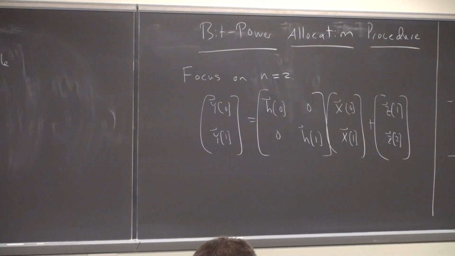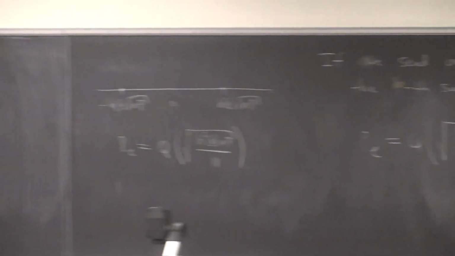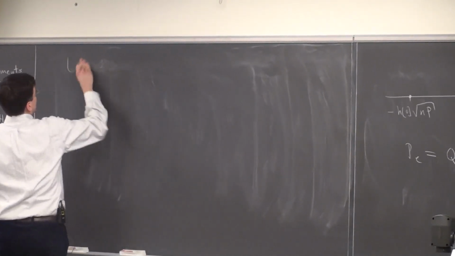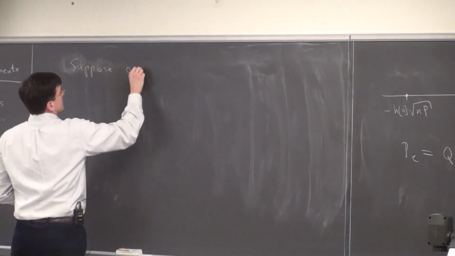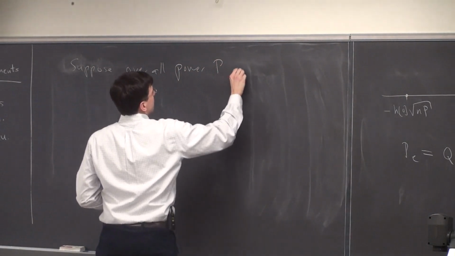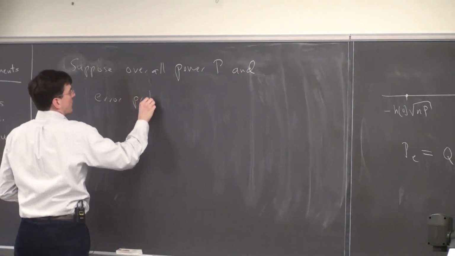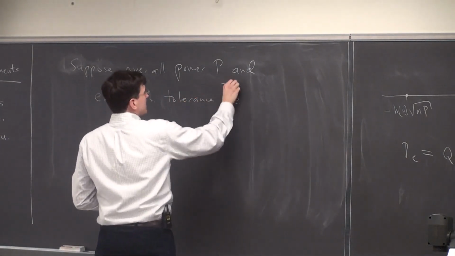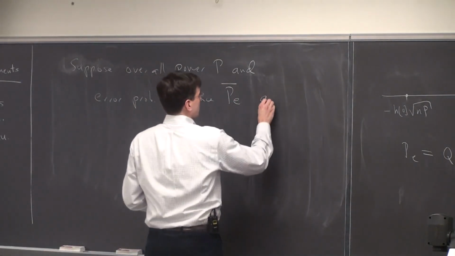So I'll pose it that way. Suppose the overall power P and the error probability tolerance, PB bar for the tolerance as opposed to PE, which is the actual probability, are given.